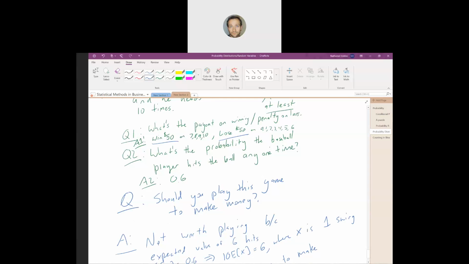So you would be expected on average to lose, you'd be expected to lose $50 if you play the game once. No, that part I'm not so sure about.